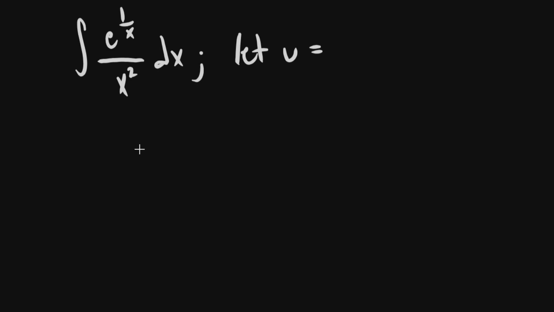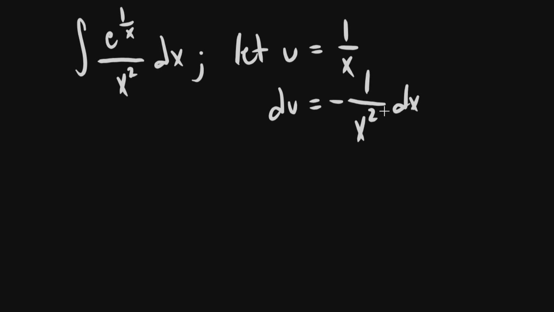And for me, I should let u be the 1 over x. The derivative, which is du of 1 over x, should be negative 1 all over x squared dx.